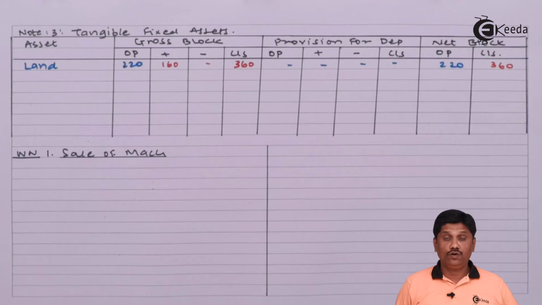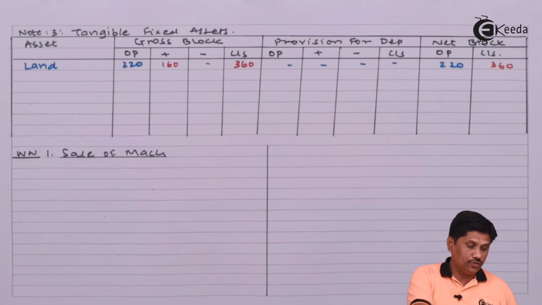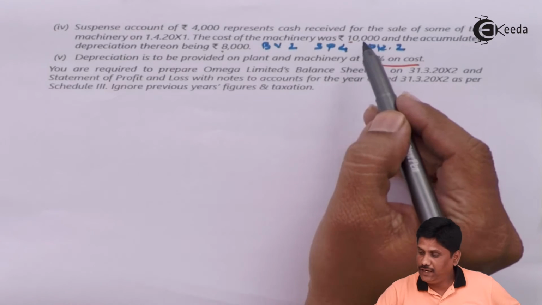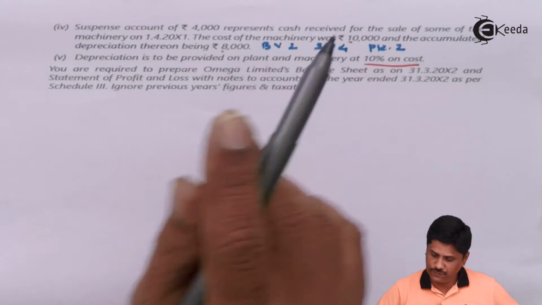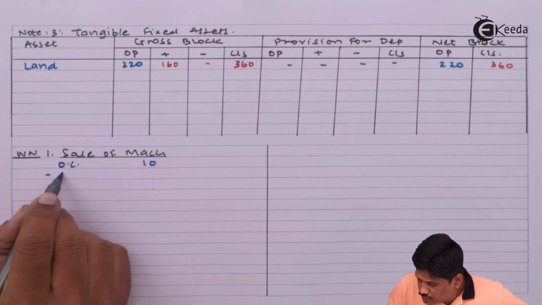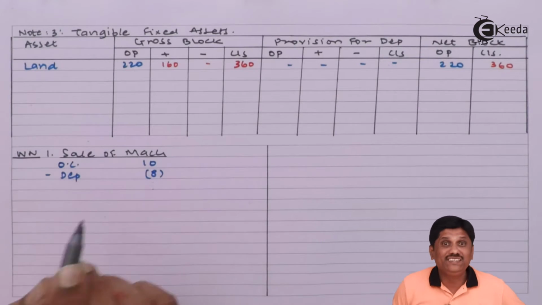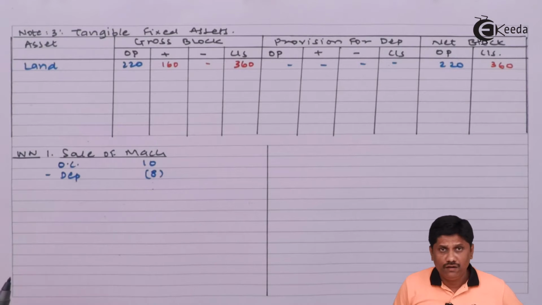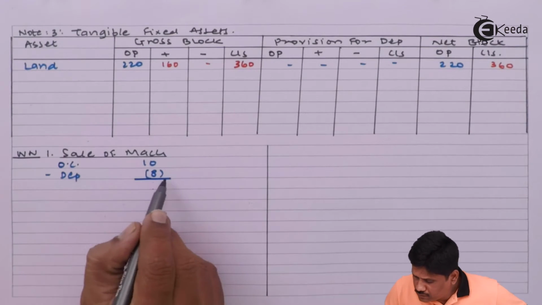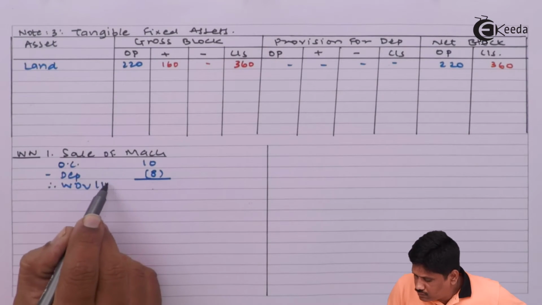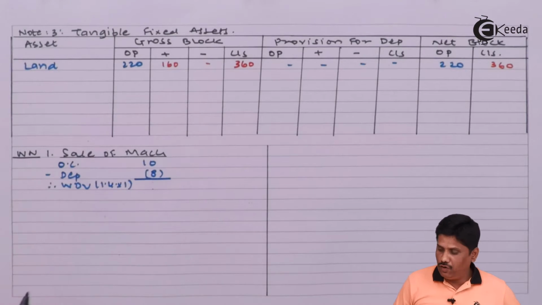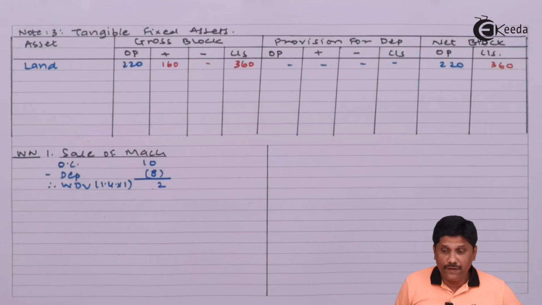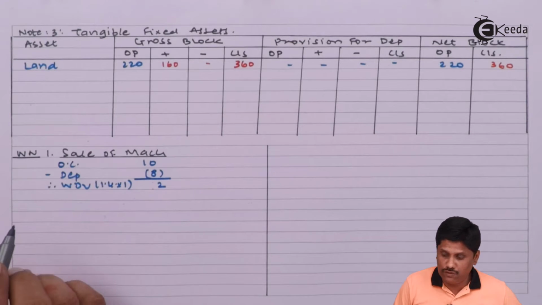Sale of machinery. The original cost of machinery sold was 10,000 and depreciation thereon being 8,000. Since in the entire question they are mentioning everything in thousands, I have written it in thousands. Your WDV on the date of sale is 2. Selling price they gave you in the trial balance is 4,000.